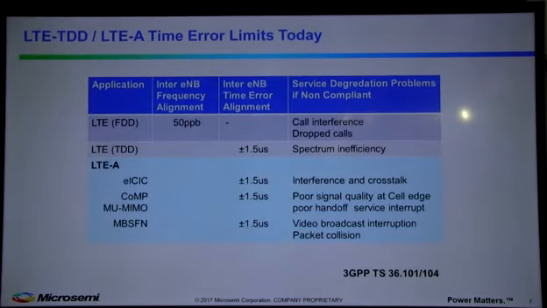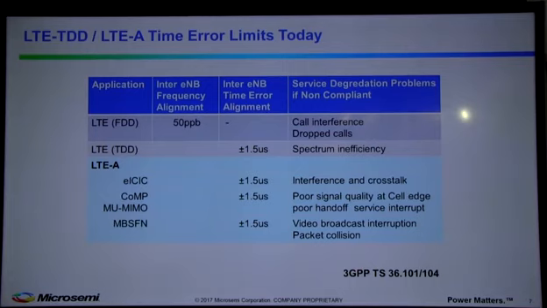In an LTE environment, the time error for FDD of course does not exist. We have a frequency network, FDD. We only have a frequency signal requirement of 50 parts per billion. This is basically grandfathered in from GSM, WCDMA, and now LTE, and will still exist going forward for 5G.